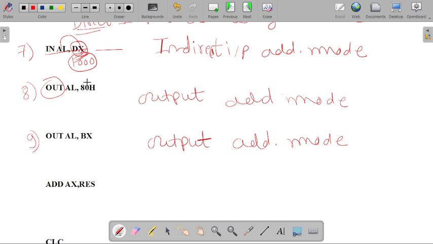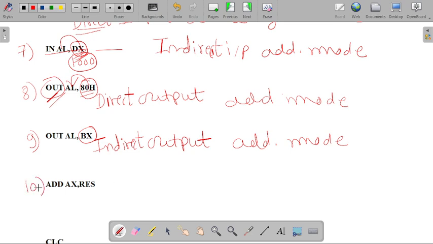ATH is the immediate value, and that we are loading into our AL register with the help of this output addressing mode. So whenever the value is given in that instruction, we write it as direct output addressing mode. And here we have specified the register in that addressing mode, so I am writing here indirect output addressing mode.